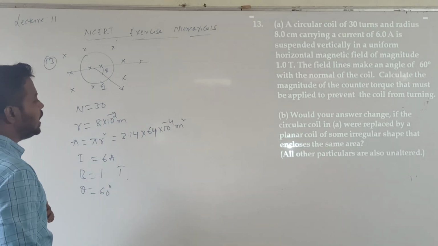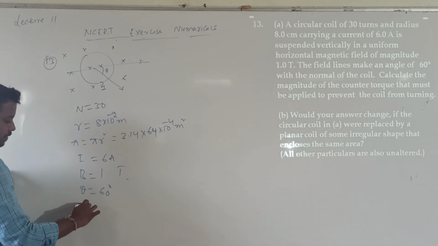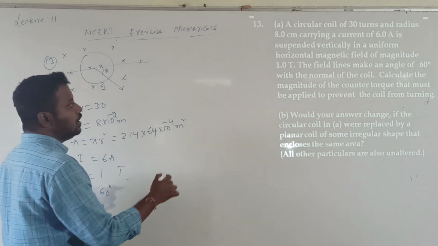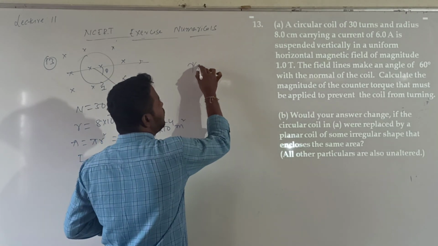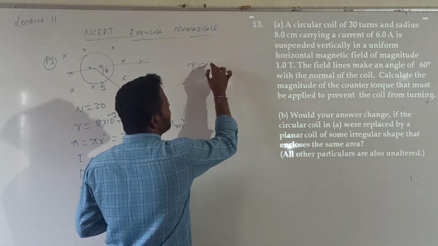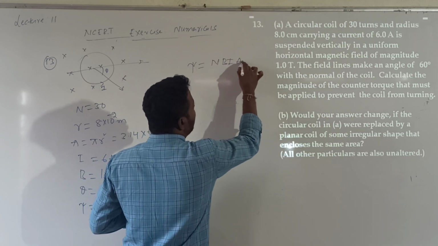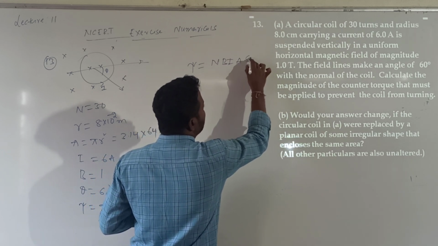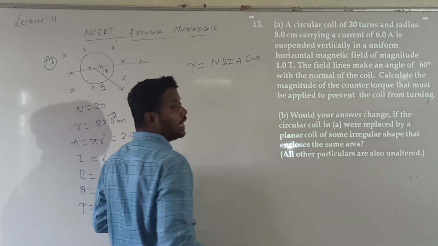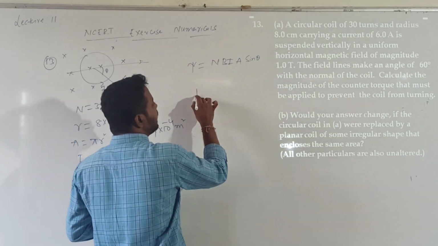What are they asking us to calculate? What is the torque? Already we solved it last time for a square, but now this is for a circular coil. Tau formula is N into B into I into A. Whenever the normal drawn to the plane of the coil makes an angle, the formula has sin theta.